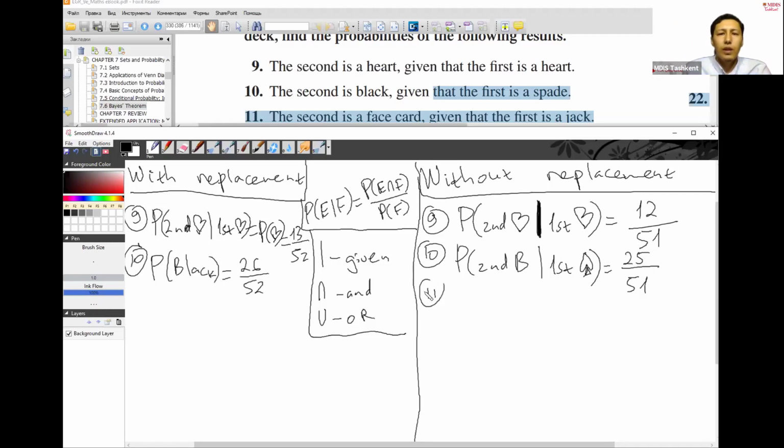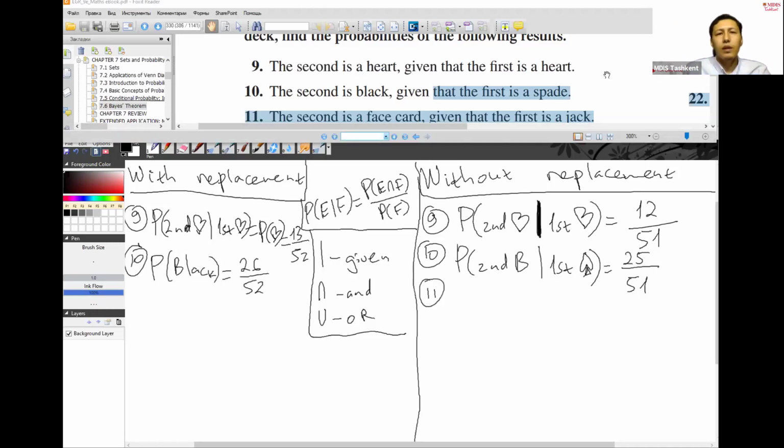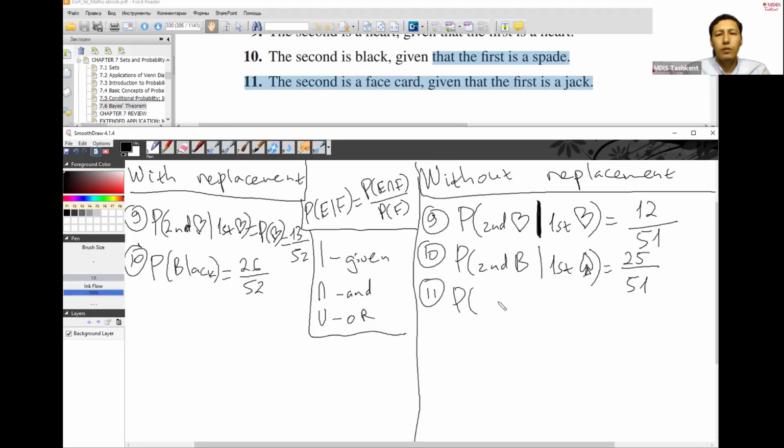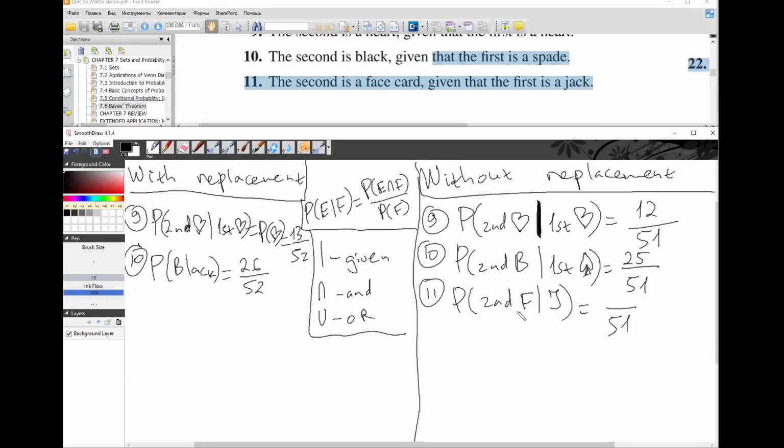So number 11. The second is face, given that the first is jack. So the first one is jack here. I pick a card that is jack. Without replacement means you just throw it. So how many cards are left? 51. What is the probability of choosing a face card now?